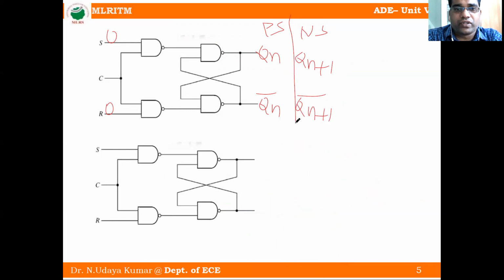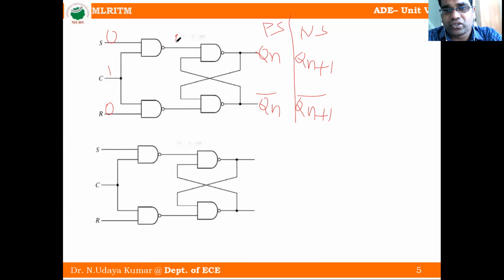Okay. So first we are given 0 0. What happened we will see. So 0, clock means 1. 0 into 1 is 0, and the complement of 0 is 1. So this is 1. First we will calculate Qn plus 1. What is the next state for the first terminal?